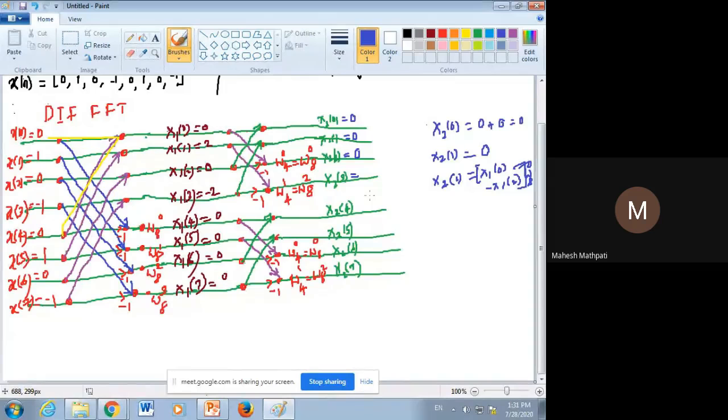Right. x1 of 1 is 2 and x1 of 3 is minus 2. So 2 minus 2 you will get, no? Yes or no? Is that correct? 2 minus 2, it is 0. Yes, sir.